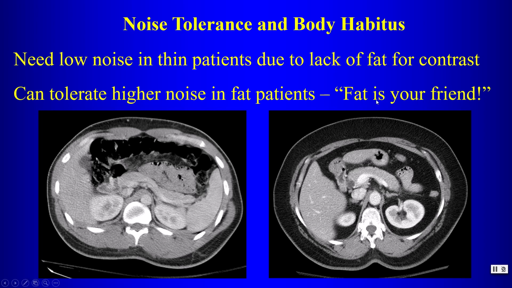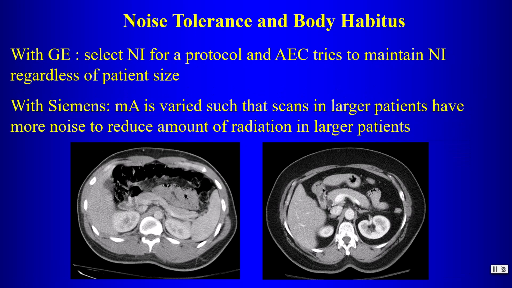So fat is your friend. If we compare these two images, you can see that if you have more intra-abdominal fat, you can see the edges of the organs much more easily, as opposed to these thin patients, where it is a little more difficult to see the edges of the organs.